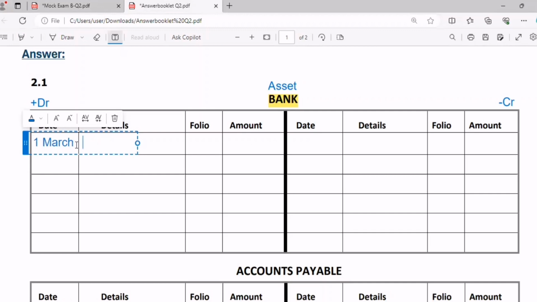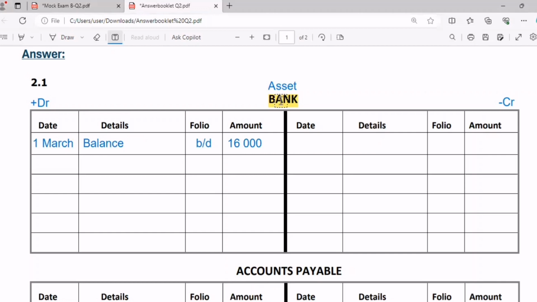So we have the balance at the beginning. This is balance brought down, meaning this is the opening balance. How much? 16,000.